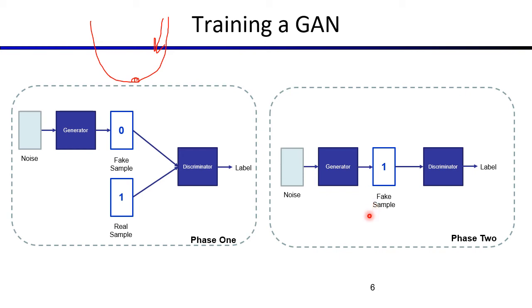We set the labels of the fake samples as true or 1 because we want to monitor whether the discriminator was fooled into thinking the image is real or not. So our goal is to actually get a label of 1. So that's why we set the ground truth label to 1. We also use backpropagation to update the weights of the generator in a way that helps it produce images that the discriminator wrongfully classifies as real.